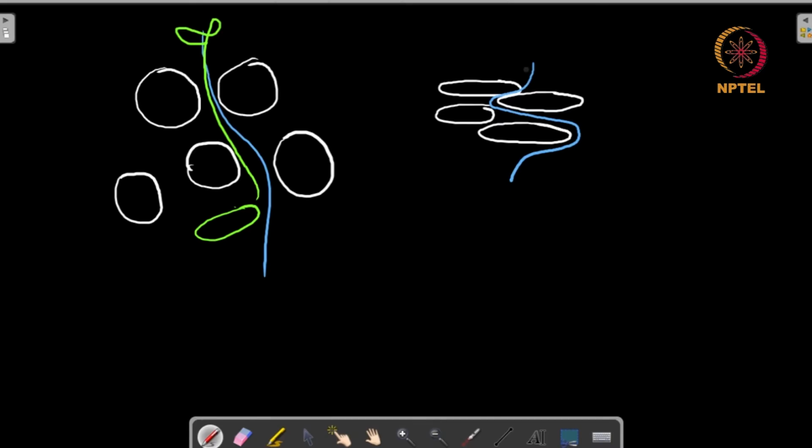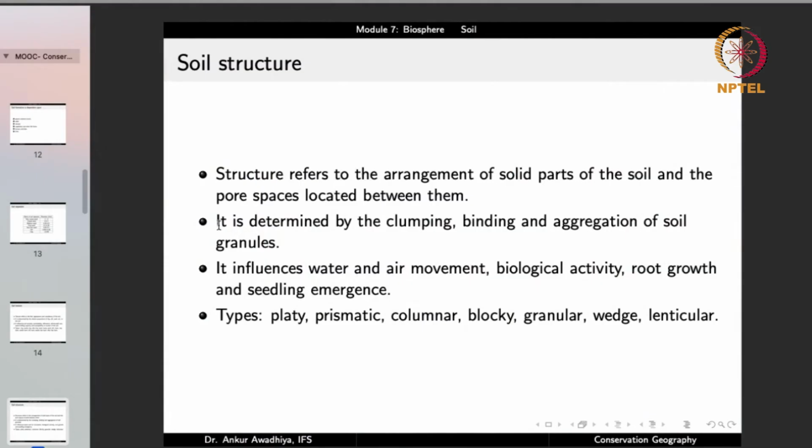But in the case of such a packed structure, the plant will find it very difficult to come out and probably it will die there. So structure influences water and air movement, biological activity, root growth and seedling emergence.